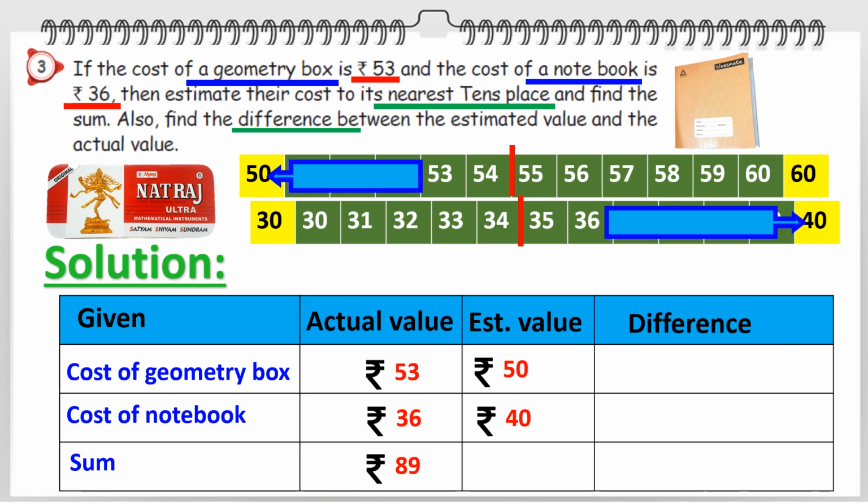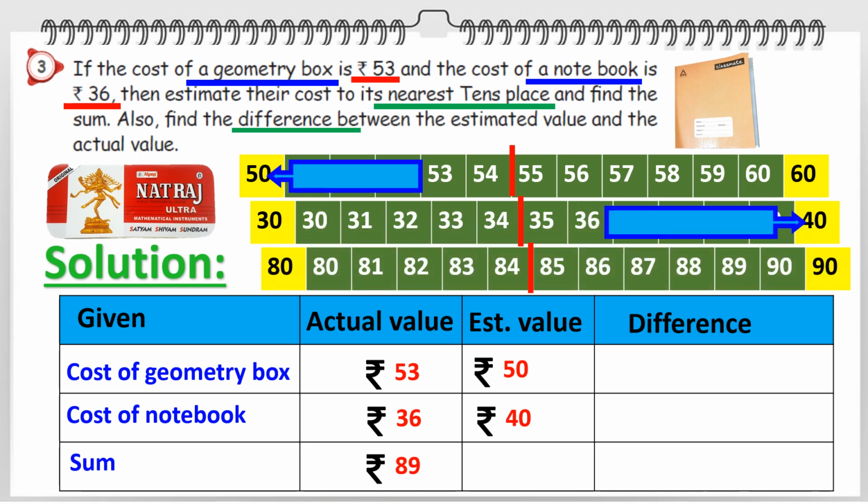Then for 89 also we need to find out. So let us take that number placed between 80 to 90. So it is in the last one. So 89 must be rounded up to 90. Yes. So answer must be 90.